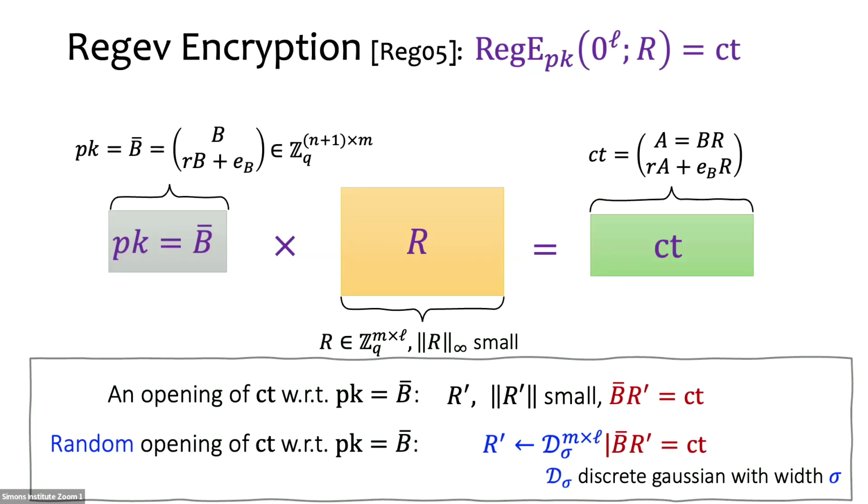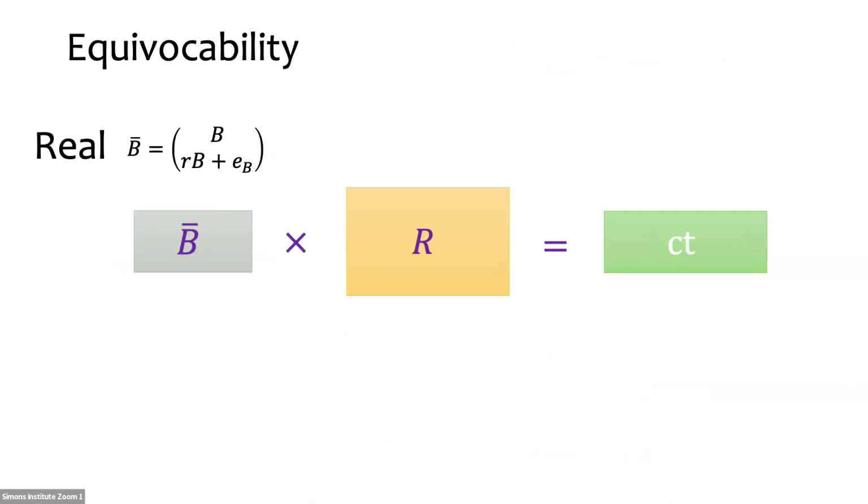Now, what is a random opening? A random opening simply means sampling this small norm matrix R from an IID Gaussian, with IID Gaussian entries, conditioned on B bar times R being the ciphertext. So that means a random opening of a ciphertext with respect to the public key. The Regev encryption has this very nice equivocability property.